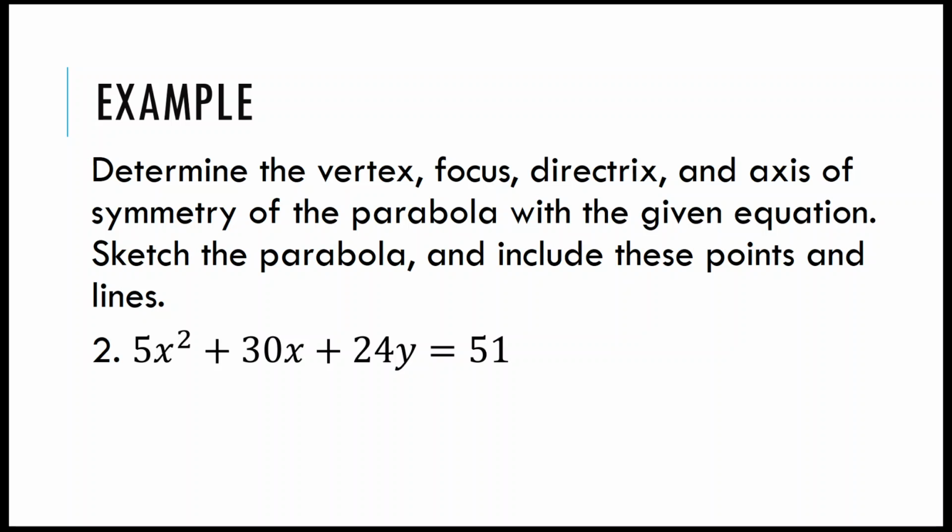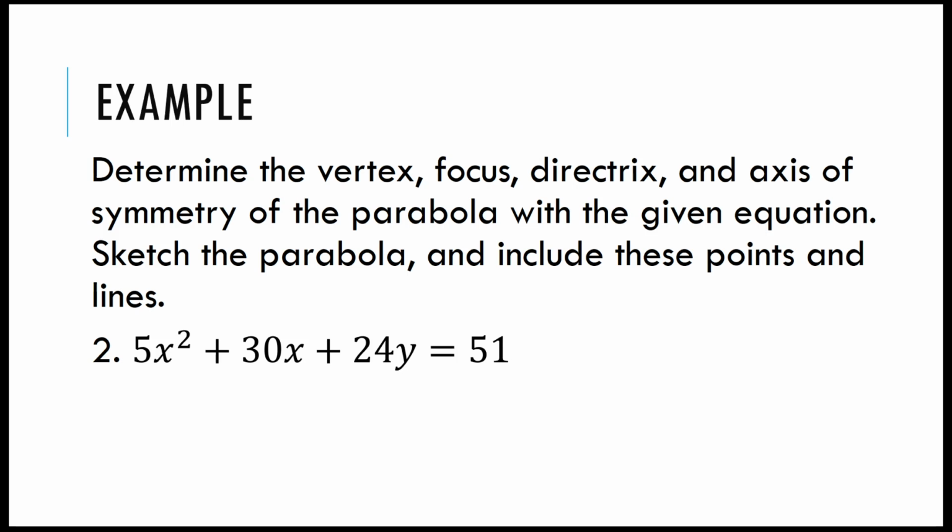So the first thing to do, of course, is to rewrite or transform this general equation, or the given equation, into standard form. And how are we going to do that? Okay, I will go back. We have 5x squared plus 30x plus 24y equals 51.